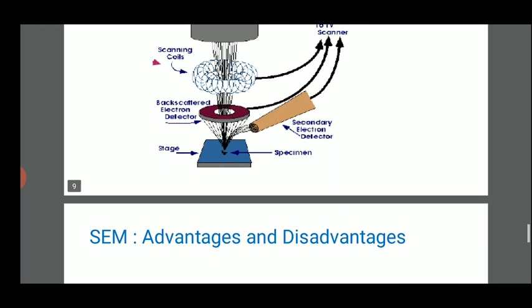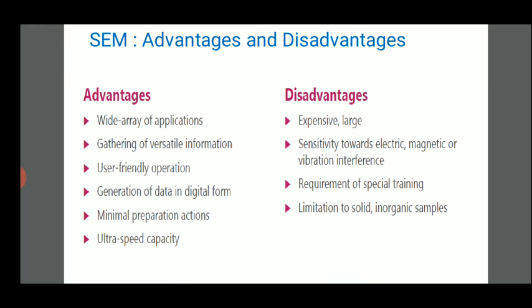Then the advantages and disadvantages of the scanning electron microscope. The advantages are that it can be used for a wide array of applications, it can be used for gathering versatile information, and it has user friendly operation.